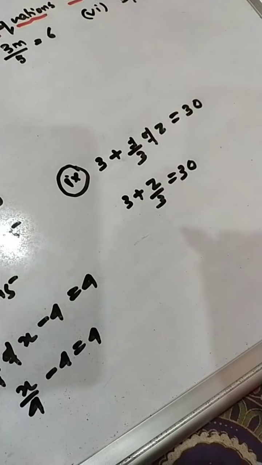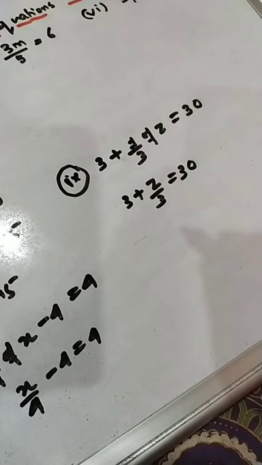Now let's do the last sum of question number 5, that is sum number 8. It is written p by 2 plus 2 is equal to 8.